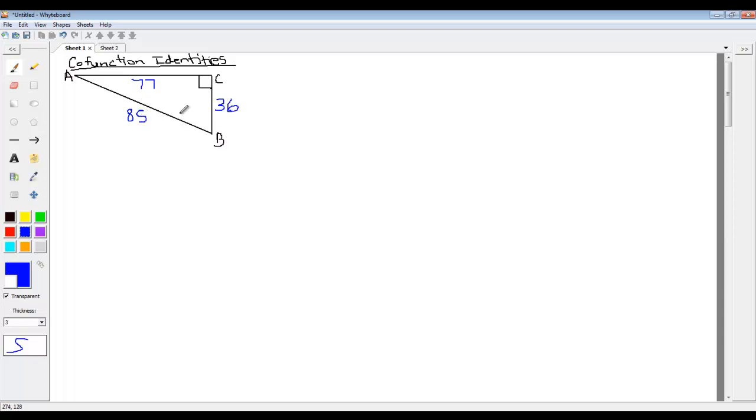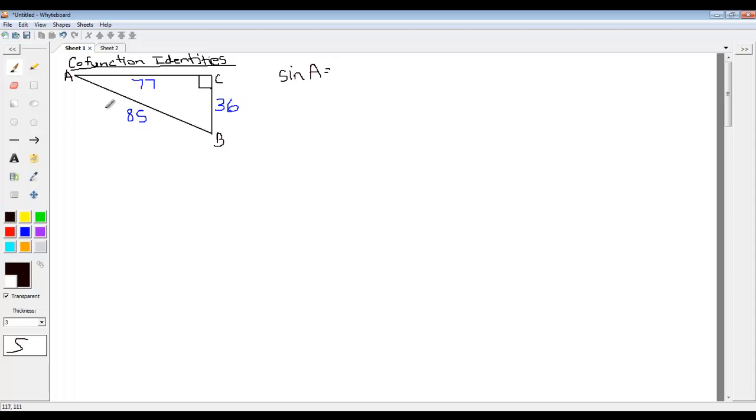And let's go through and identify what all the trig values are, all the sine, the cosine, tangent, etc. Let's identify what those values are for both of the acute angles A and B. All right, let's start with A. If you want to find the sine of angle A there, recall that the sine is found by taking the opposite side over the hypotenuse.